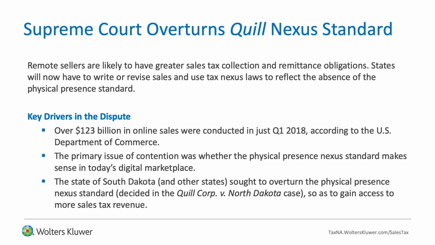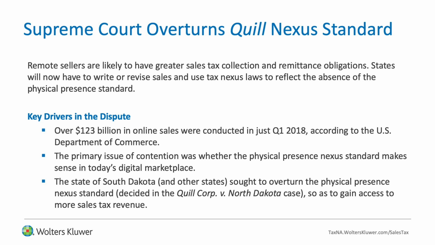For the past 10 years or so, a number of states have been putting forward different nexus schemes, alternate nexus schemes to try and trigger a U.S. Supreme Court case that would overturn the physical presence nexus standards. So that included the economic presence that South Dakota imposed, and a number of different alternative nexus schemes that we're going to touch on in the upcoming slides.